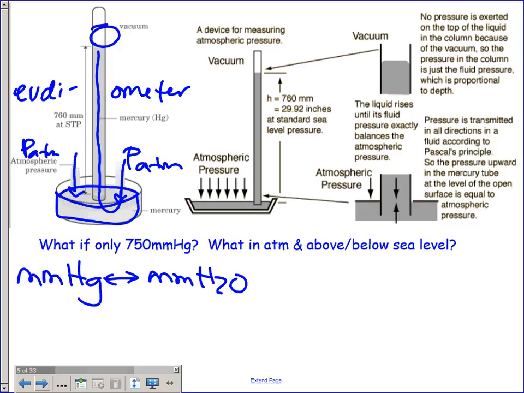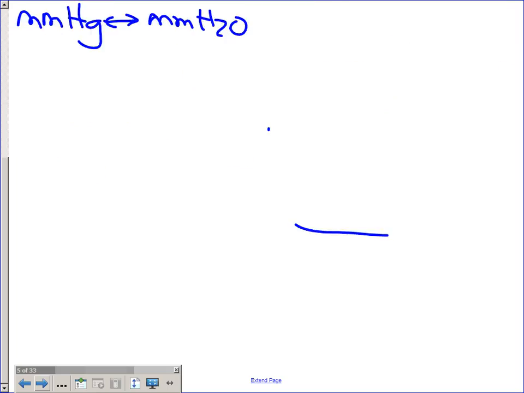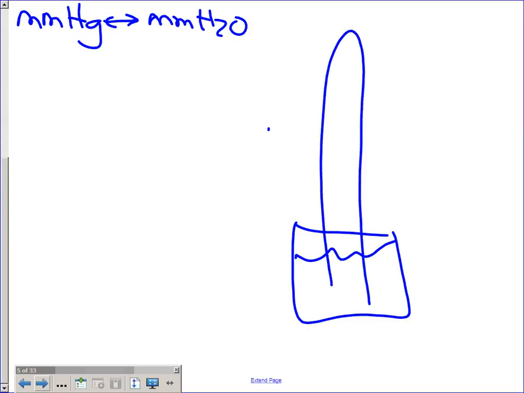I can't really show you this on this picture here. Okay, so if I have a eudiometer with water in it, upside down, the pressure of the atmosphere is pushing down on the water itself. The water can move up, right? If I've created some gas, and the P of gas is up here, what if my P of gas has pushed the water down to this level here?